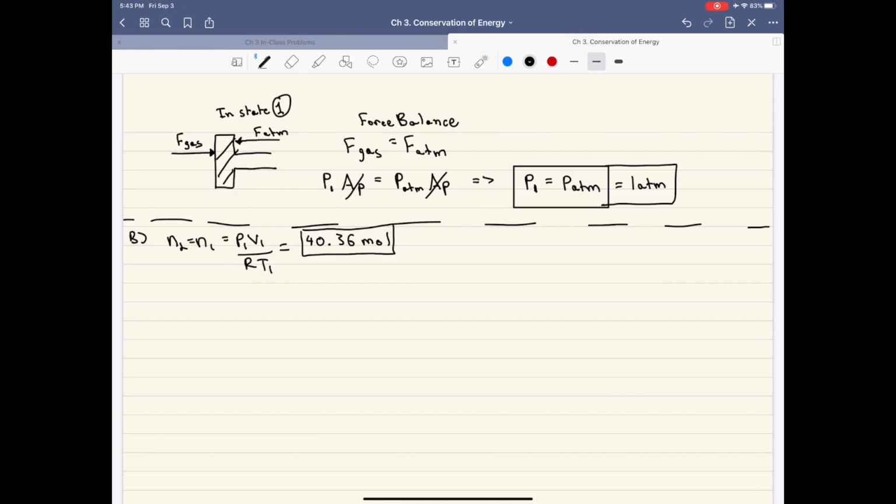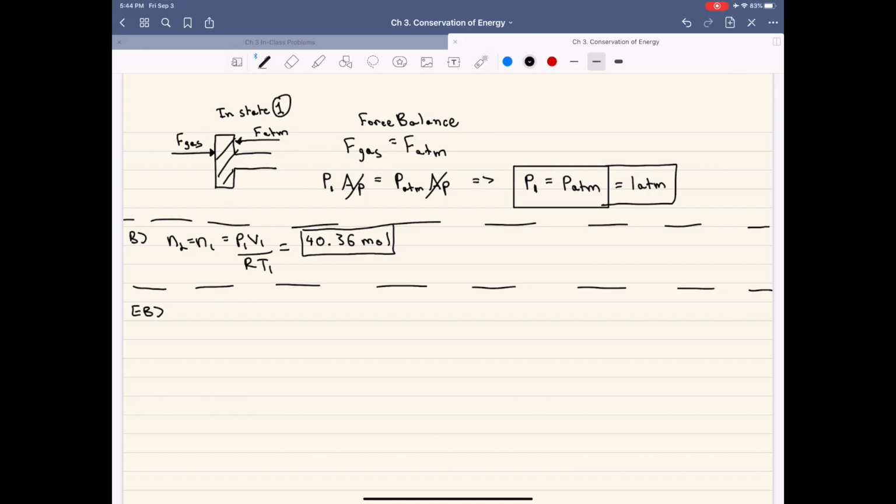What we want to figure out next is now both the work and the temperature of the gas after it's been compressed to that new volume. Okay? And to approach this, we're now going to move on to the energy balance for our system.